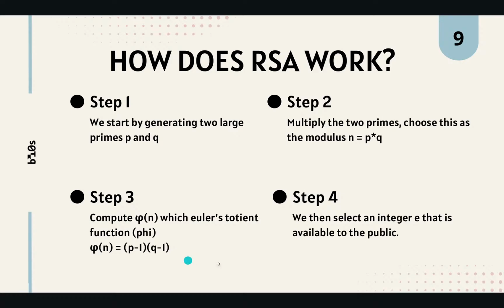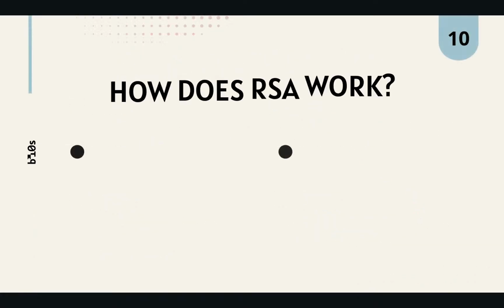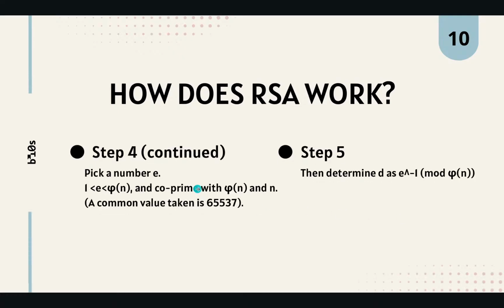The next step is we pick an integer e, which is part of the public key. It is available to the public. I mentioned how there's a public key and a private key. The public key would just be the number n and the number e. Again, we pick a particular number e, and there's a criterion to pick it.